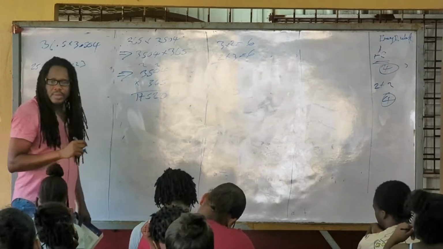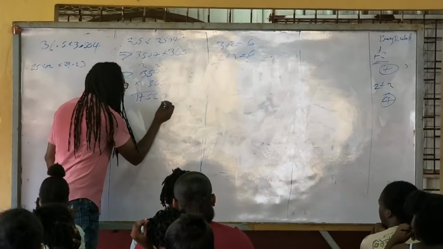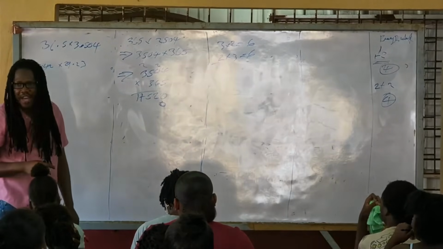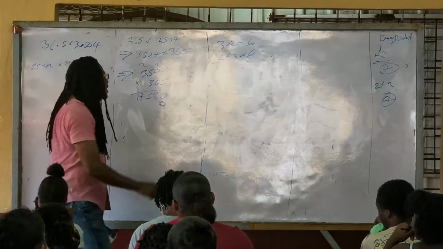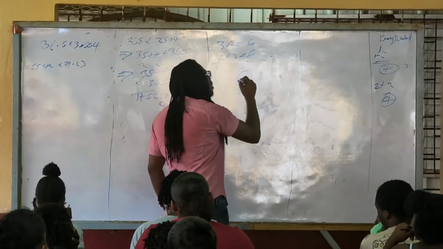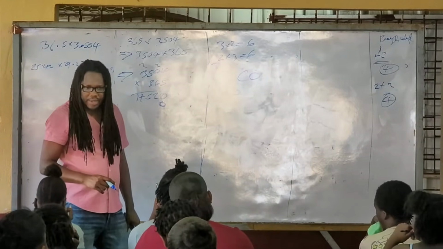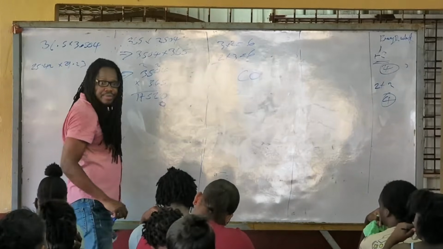All right. Now, at this point, you're going to add a 0 before you start with this. Why did you add a 0 before you start with this? Because it is really being multiplied by 60. Are you seeing that? So this is 60 times 4.